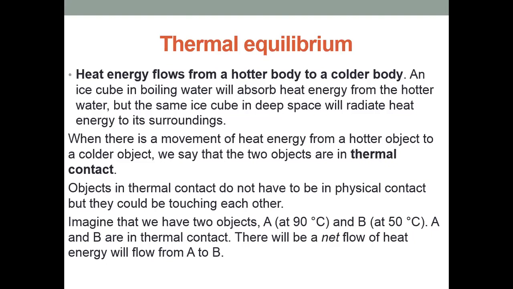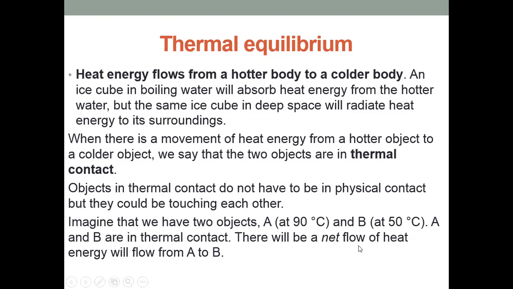In the example over here, imagine that we have two objects. One of them is 90 degrees, the other one 50 degrees. When they are in thermal contact, heat is going to flow from body A to body B, because body A is hotter than body B. So the heat is going to flow from the hotter body to the colder body.